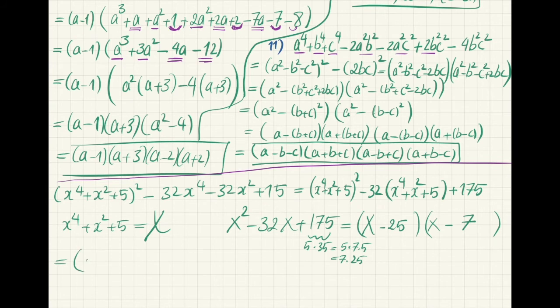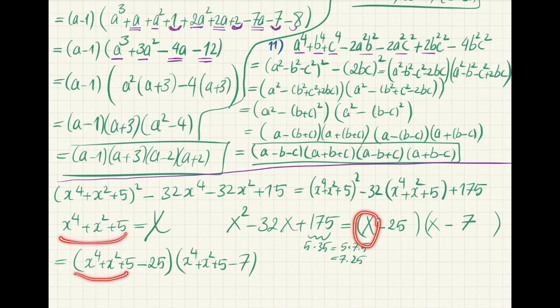So this becomes x to the 4 plus x to the 2 plus 5, I put it instead of X, but minus 25. Then I will have x to the 4 plus x to the 2 plus 5 minus 7. So what I did, I replaced X with this expression, and then I have minus 25, which I wrote here. And I replace X again by this expression. I have minus 7 here, I put it here.